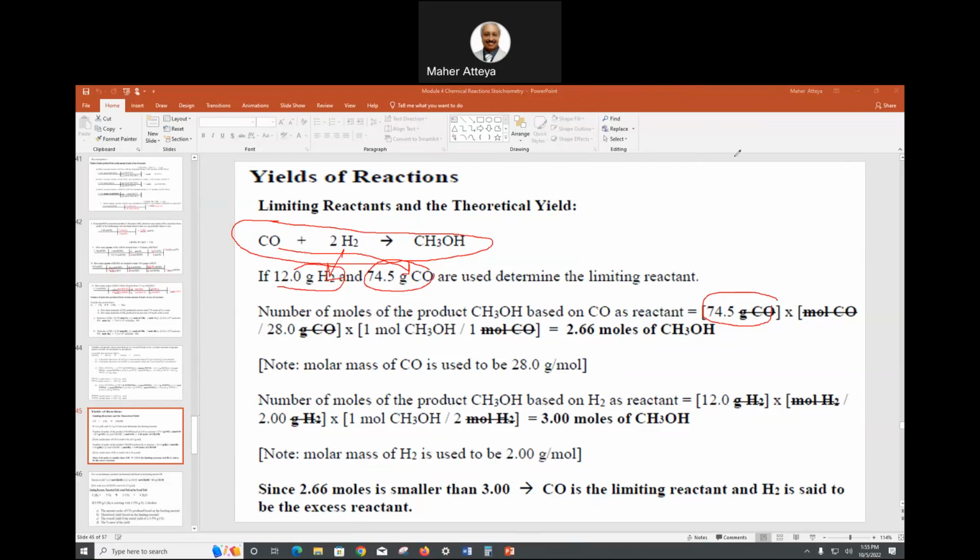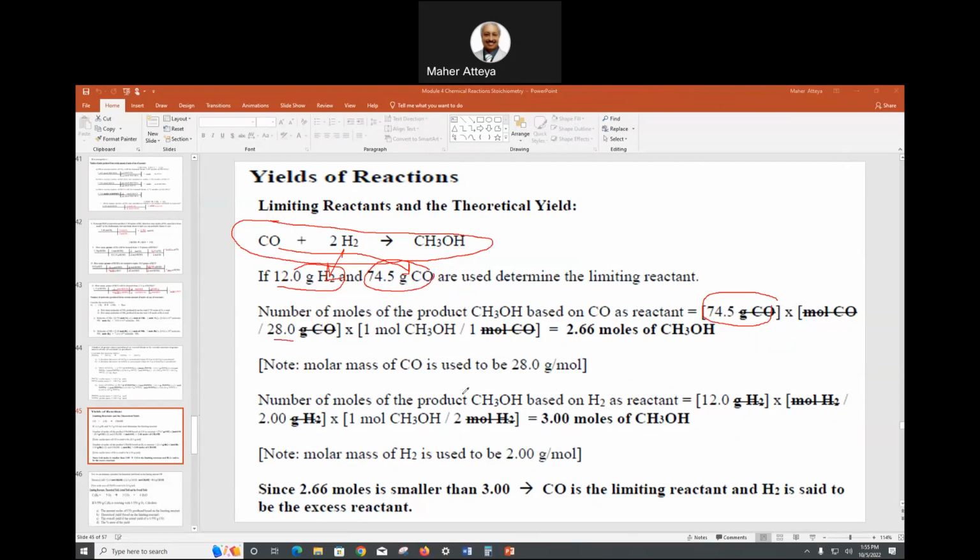Let's look at this. 74.5 grams of CO, divided by the molar mass, which is given. Carbon is 12, oxygen is 16, add them up, 28.